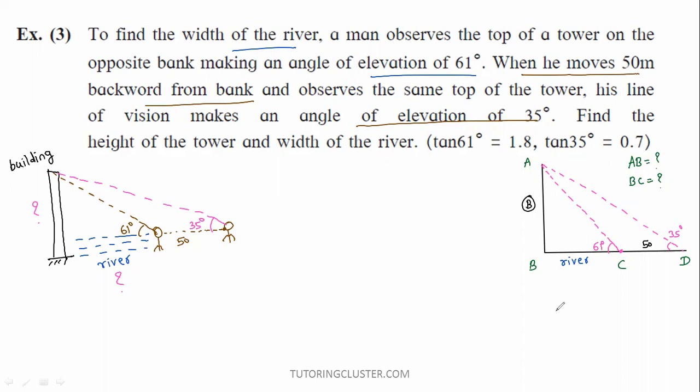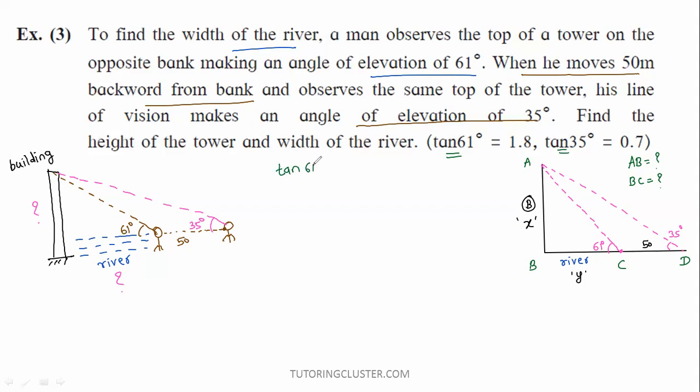Okay. Let the height of the building be X, and the width of the river be Y. Now, if I write tan 61 degrees, you can get it from here also. The tan values are given, so you have to go with the tan ratio.